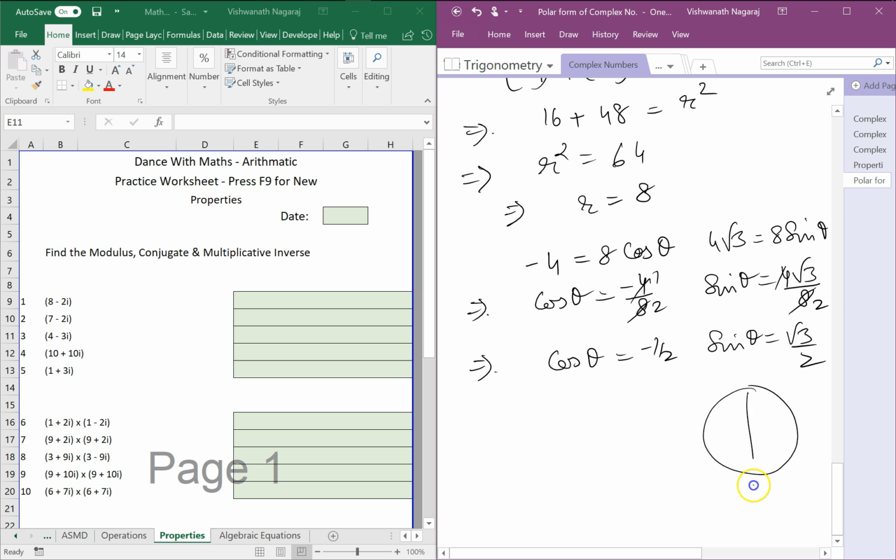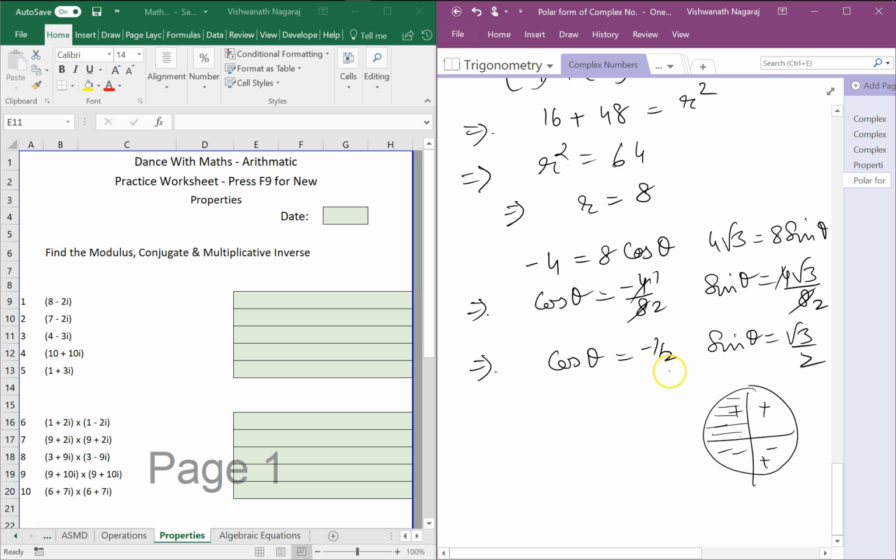Now remember, in our unit circle, sin is positive, positive, negative, negative, whereas cos is negative here, positive here. So in the second quadrant we have cos θ negative and sin θ positive.